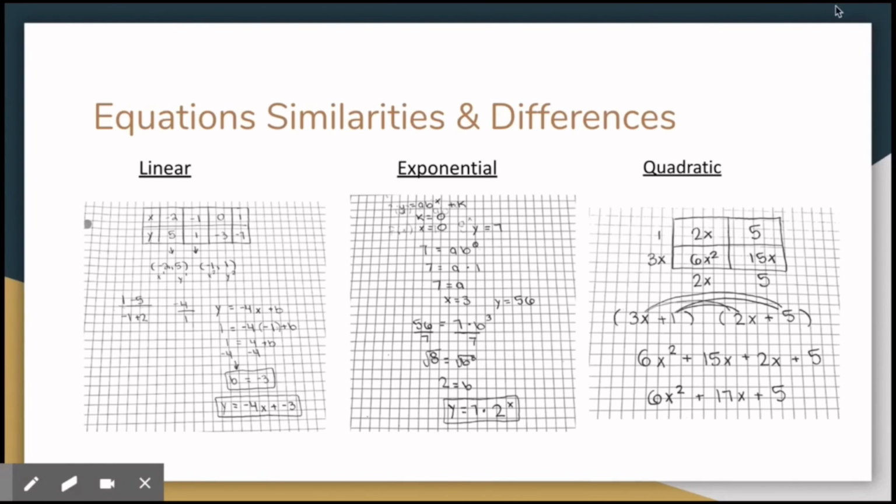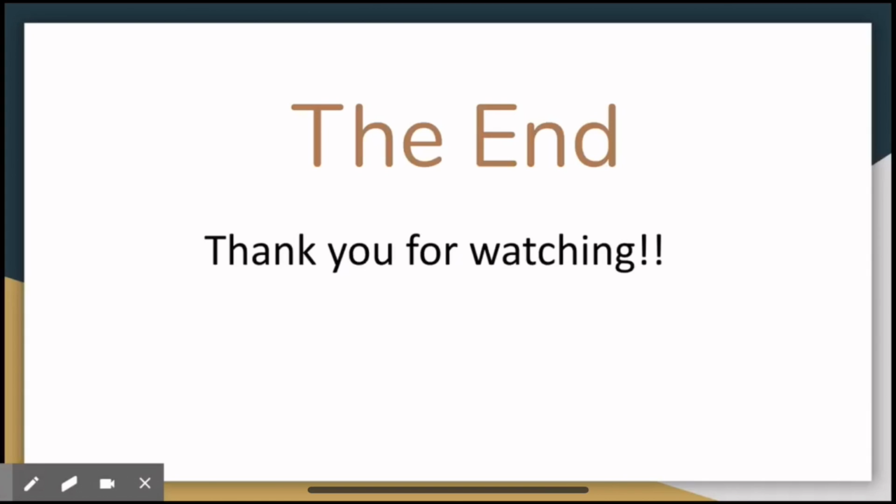And for the quadratic one, we used a generic rectangle, and we didn't use that for any of the other two. But for all three of them, another similarity is that we added like terms, which got our answer for all three of them.